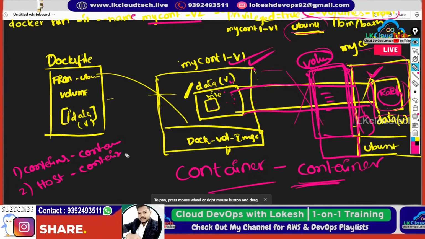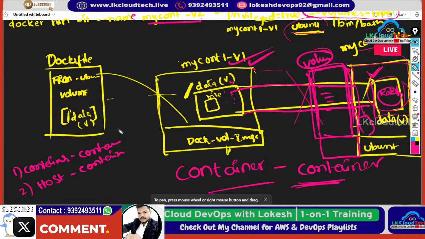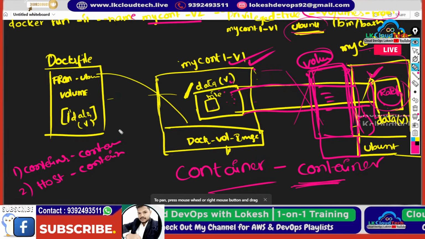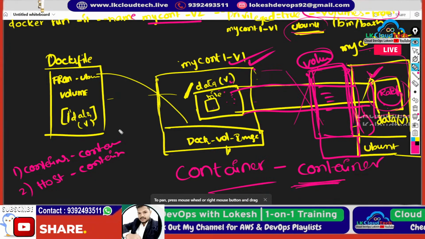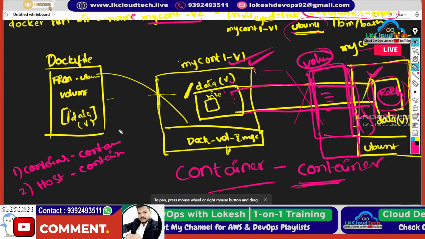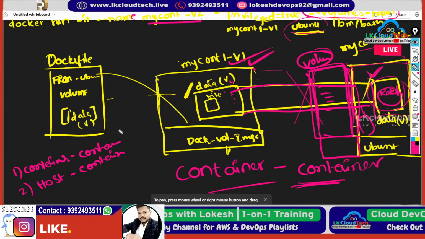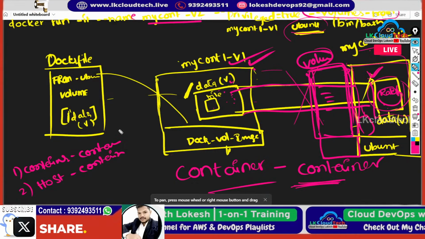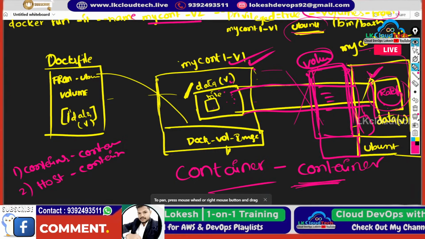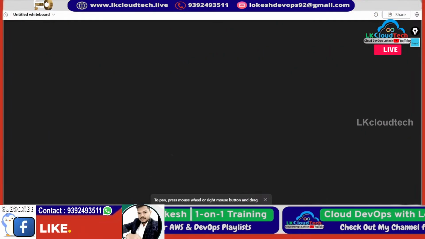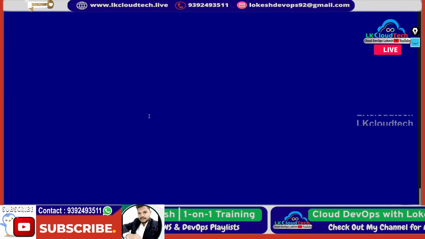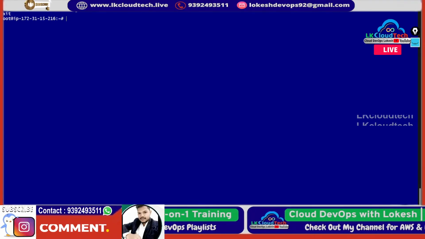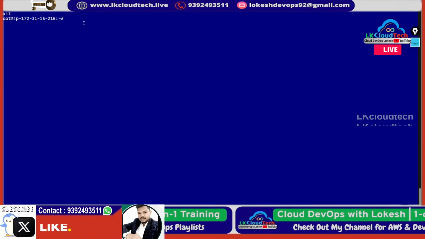What is the meaning of it? Tell me. Host to container. Like on top of the host machine, like on Ubuntu. Exactly. So in my case, what is the host? In my case, Ubuntu is the host actually.